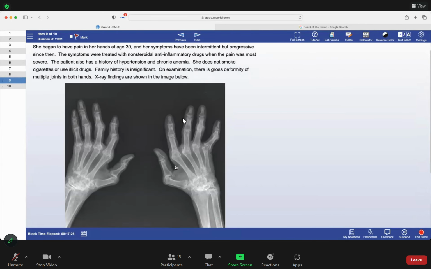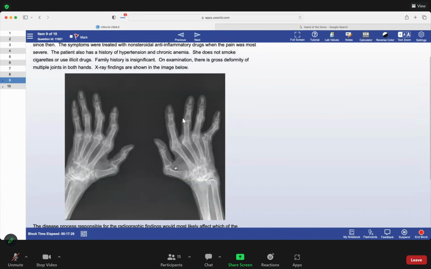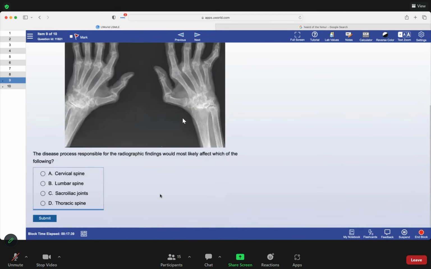What's the diagnosis by looking at this? You see here, it's all deviated, right? Ulnar deviation, I see. That's rheumatoid arthritis. What's the answer? Dr. Roy, could you remind us where ulnar is?